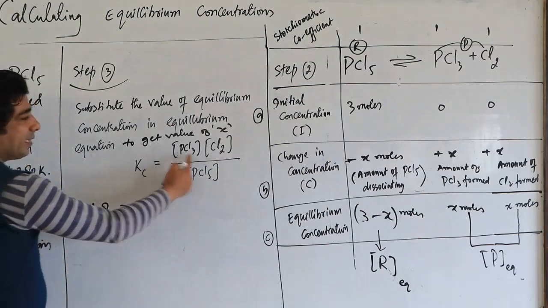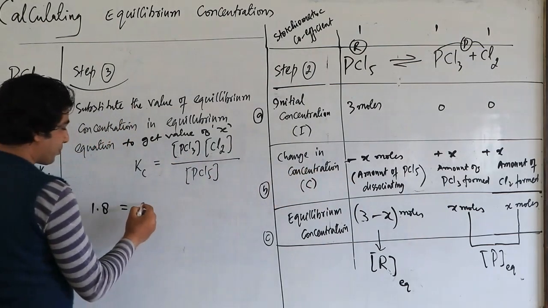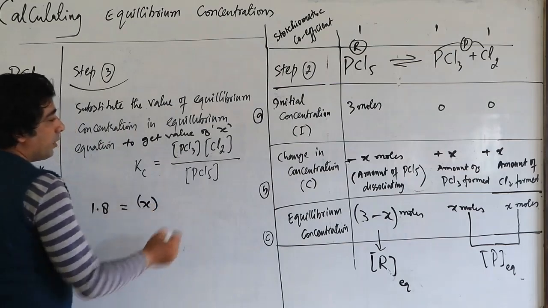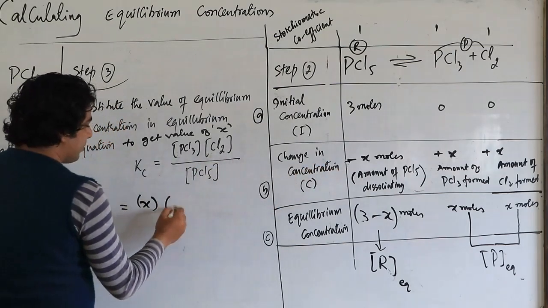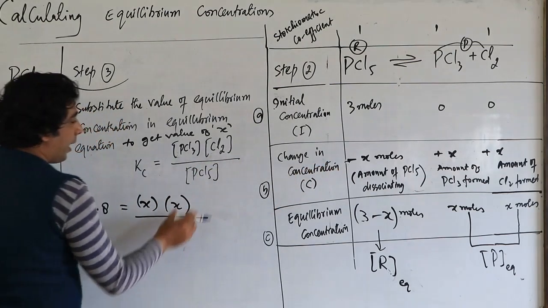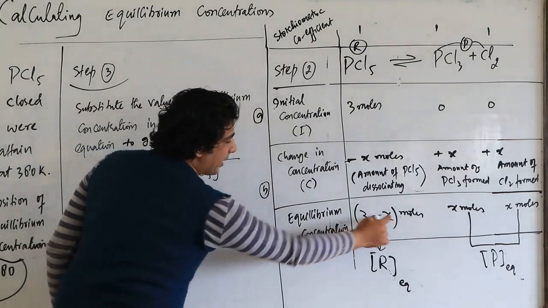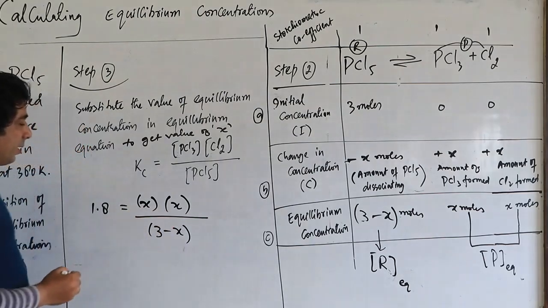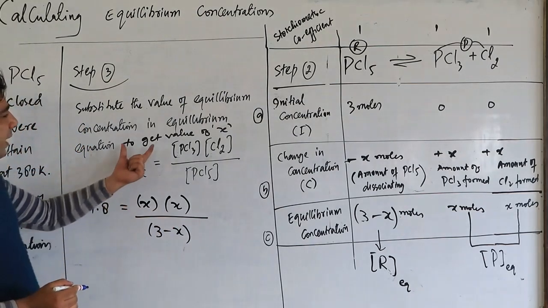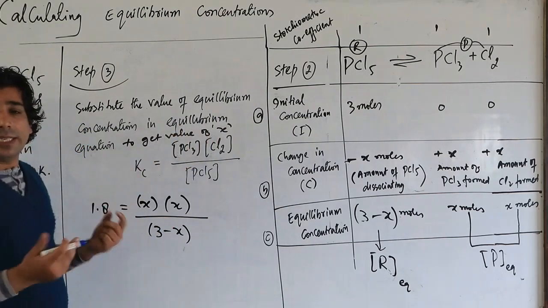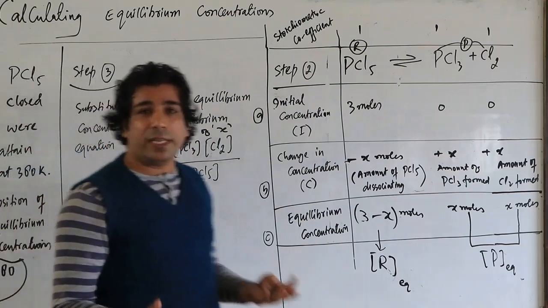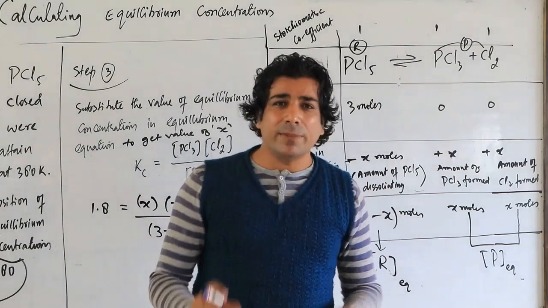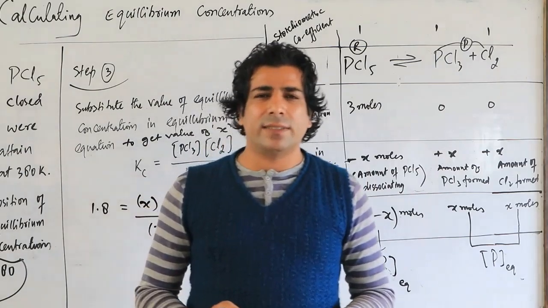Now PCl3 is x moles at equilibrium. Cl2 is also x moles. And PCl5 is 3 minus x. So let us simplify. We want to find out the value of x. Let us see whether we are able to get the value of x or not. Sometimes you will directly get the value of x. Then it's easy.